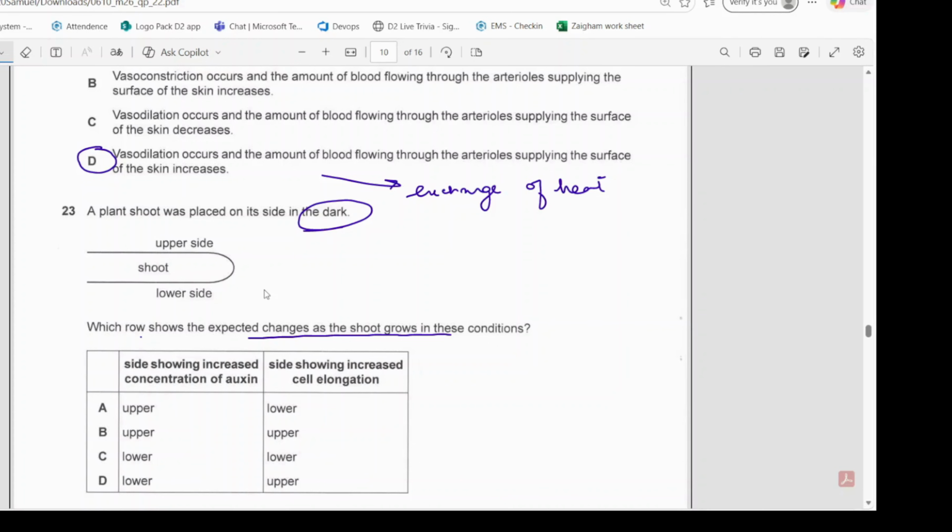Okay, wait, I'm asking you something. Does the shoot grow towards gravity or away from gravity? Since there is no light, we have to tell the effect of gravity. As a result of gravity, the shoot will grow away from gravity. It's negative gravitropism, right?